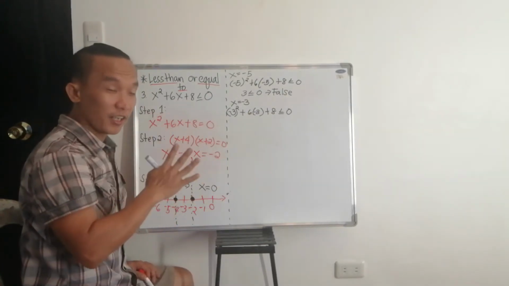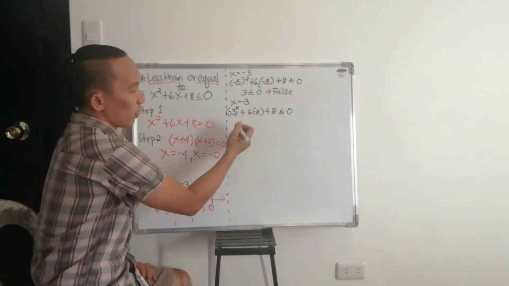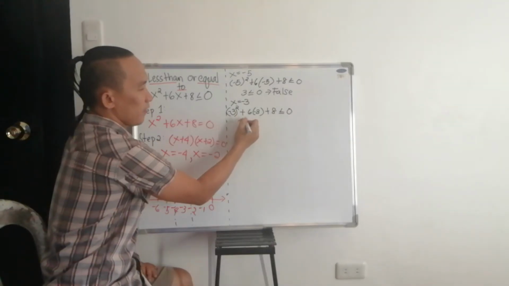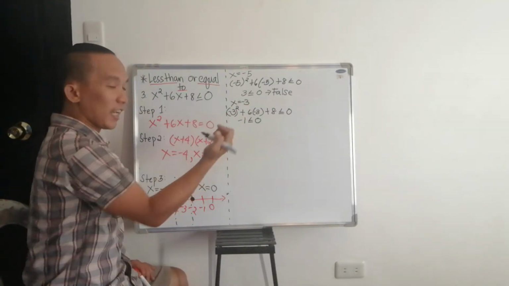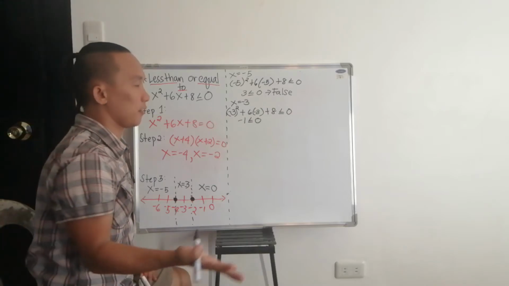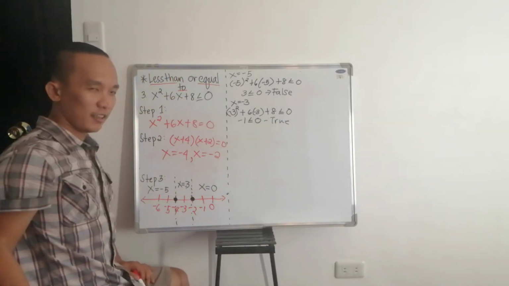So that is negative 3. If you solve everything, your answer will be negative 1 less than or equal to 0. Now, is negative 1 less than or equal to 0? Yes, therefore, this is a true statement.